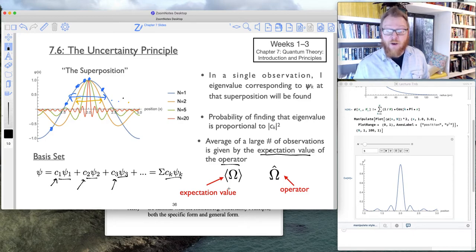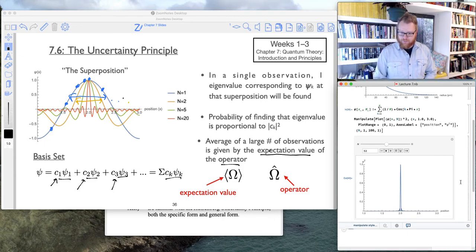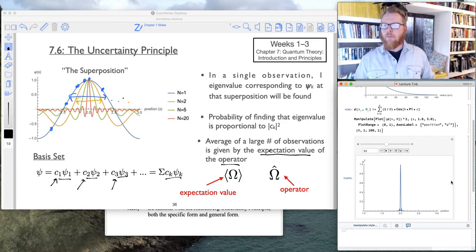Well, it's where precisely the particle is located, okay? And so once again, if I keep adding more wave functions into my basis set, my superposition becomes more and more precise. And I can keep cranking this up, and you can see just how precise that starts becoming. It's going to go up to that 1.0 value, right?